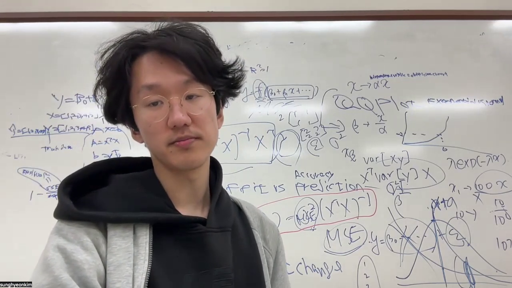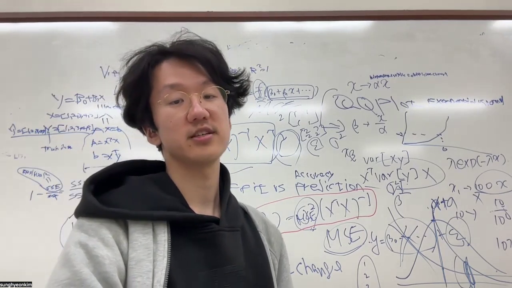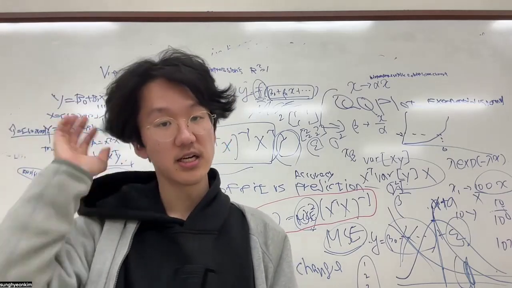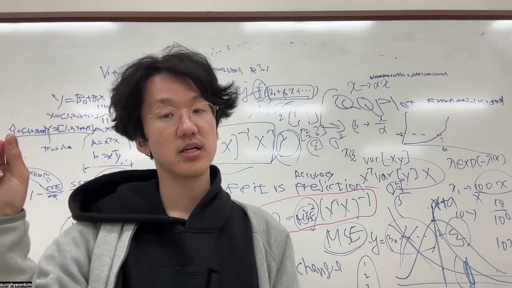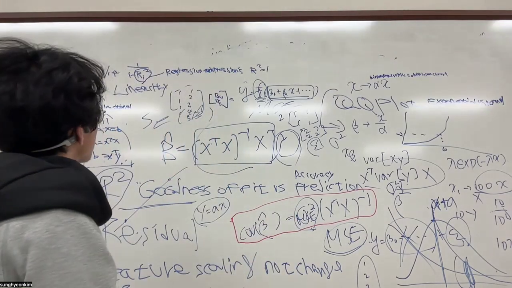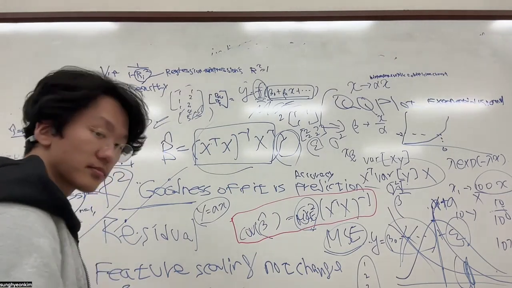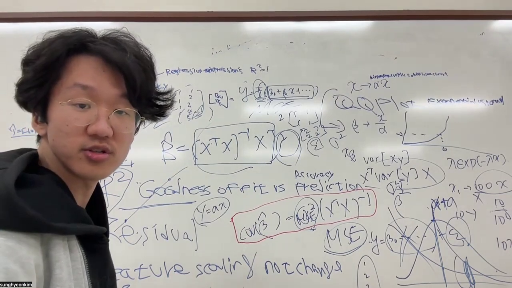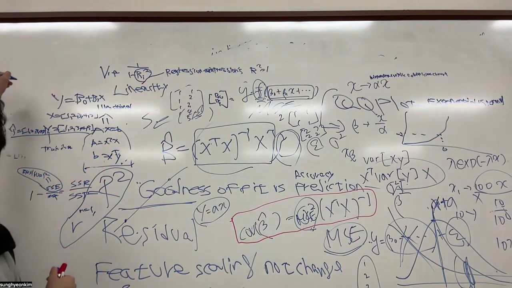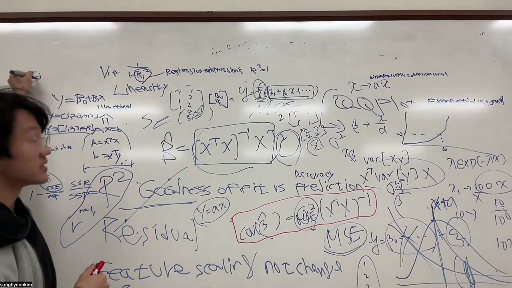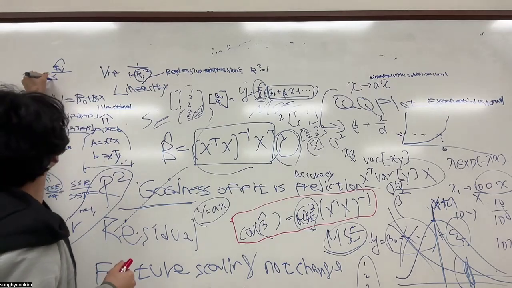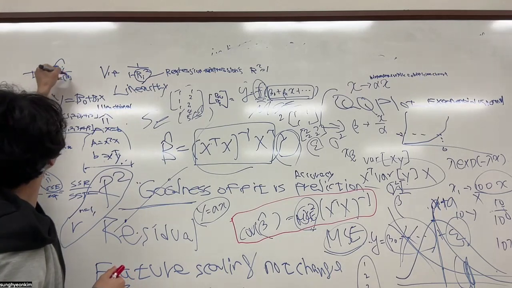Today, we will talk about another test concerning the regression coefficients, which is H0: beta j equals 0, which means each of the coefficient variables is 0. The test statistic will be tj equals beta j hat over se of beta j hat.